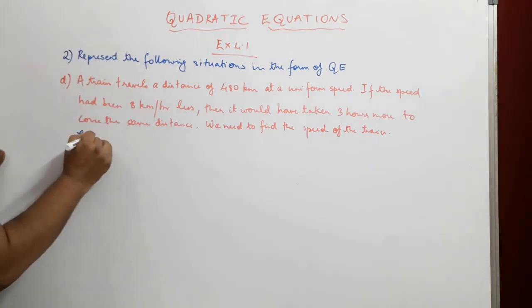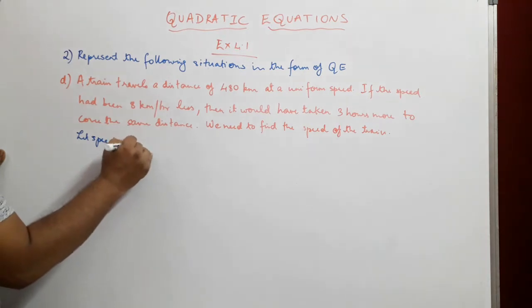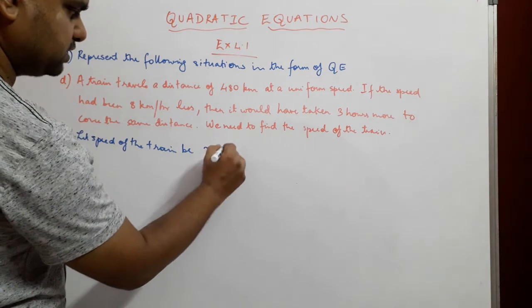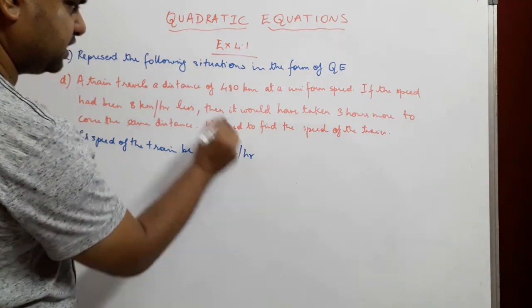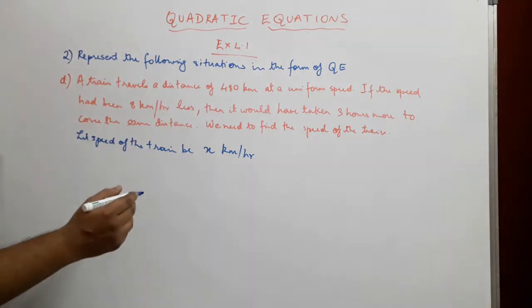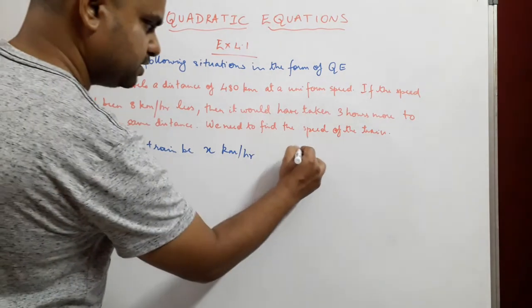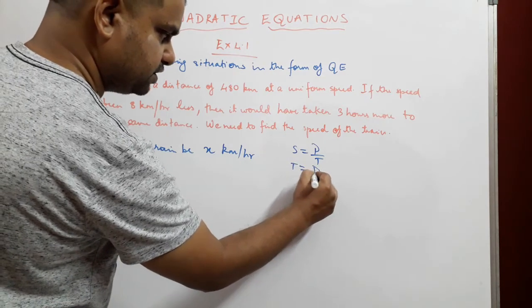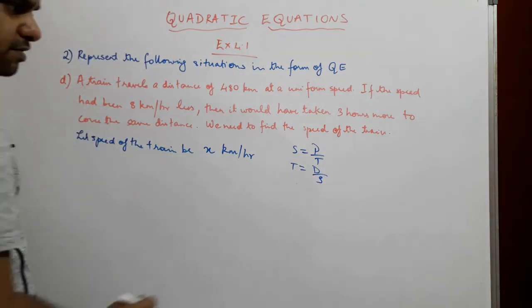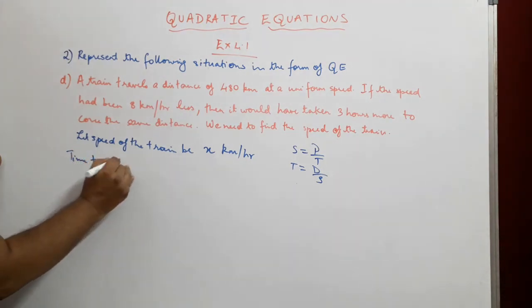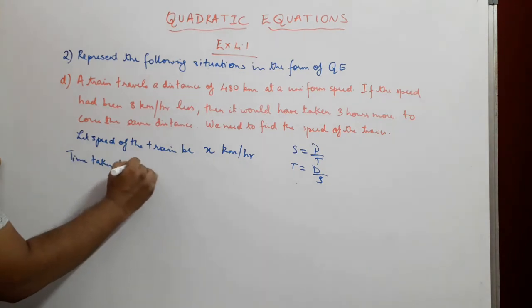So let the speed of the train be x kilometers per hour, because the units given to us are kilometers per hour. Speed is equal to distance upon time, which means we can also take time is equal to distance upon speed.